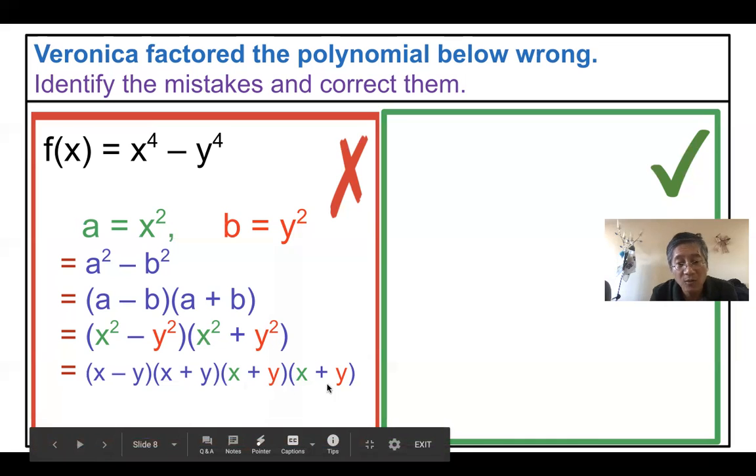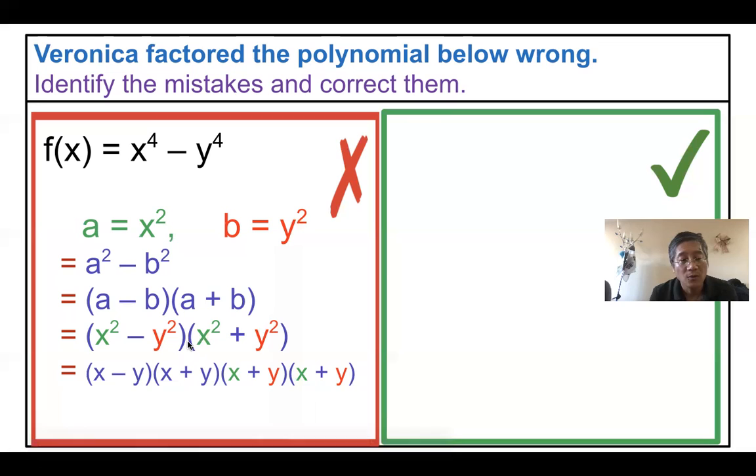Look, x plus y times x plus y, if you distribute backward, do you get x squared plus y squared? No. x times x is x squared, x times y is xy, y times x is xy again, and y times y is y squared. So x squared plus 2xy plus y squared. This one doesn't have 2xy. It's different, right?